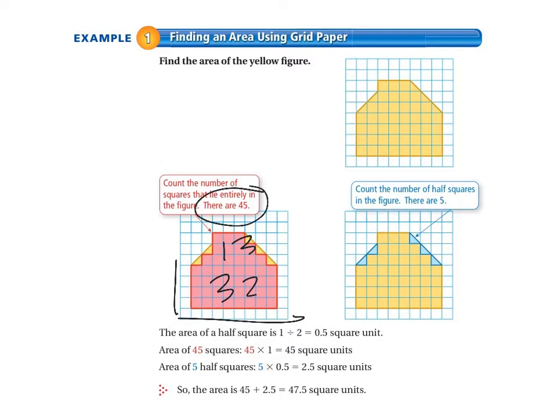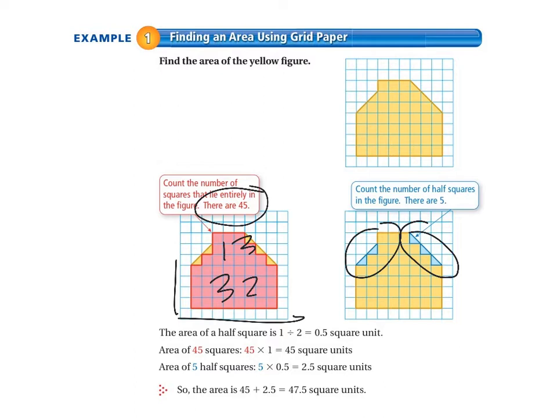So there are 45 squares that are totally in the figure, and then we need to figure out the number of half squares. So if you look at the number of half squares, there are 5. So there's 3 on this side and 2 on that side.